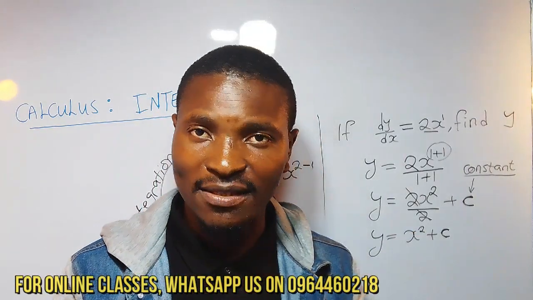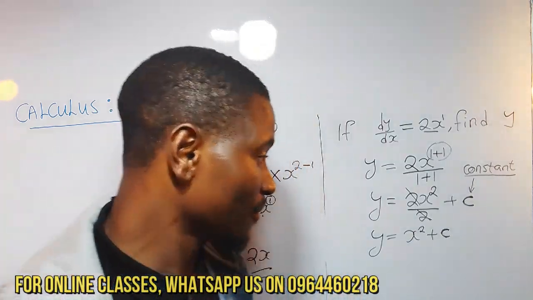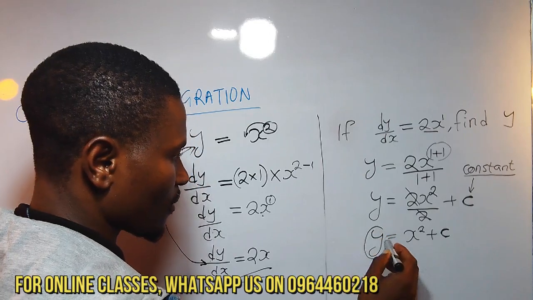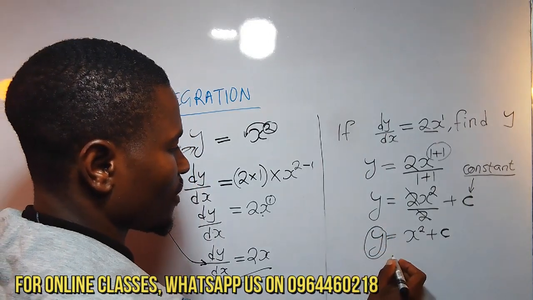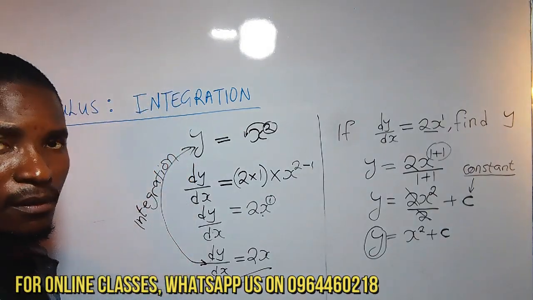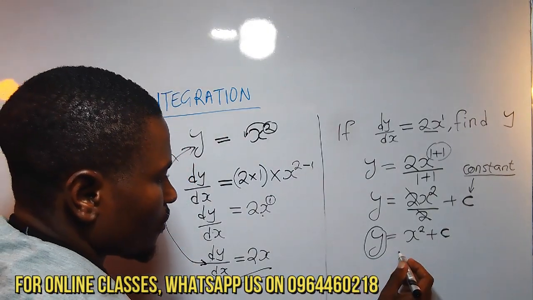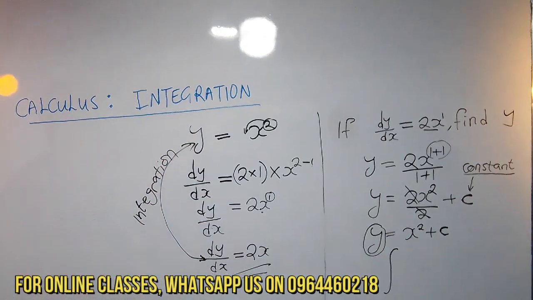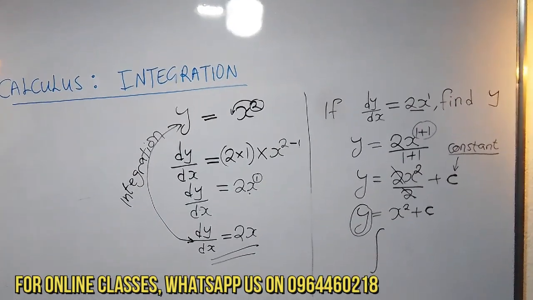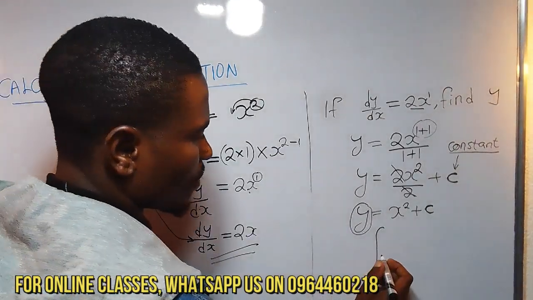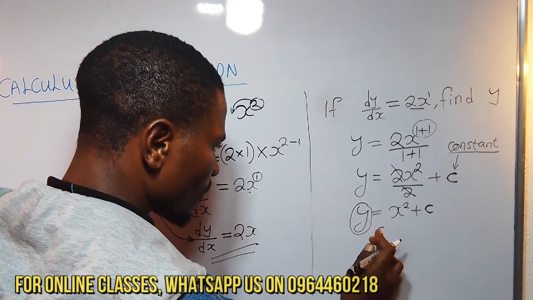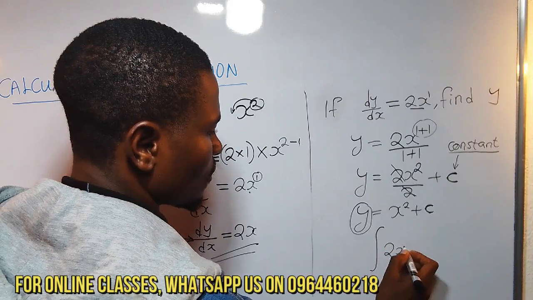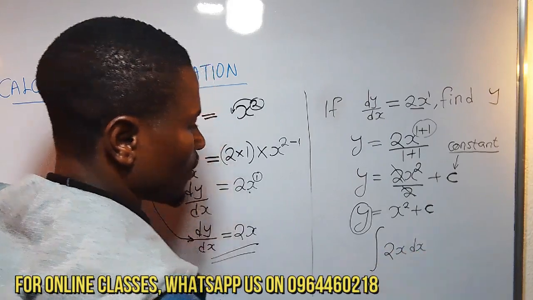It's kind of an elongated S. So this symbol there, integrate 2x dx.